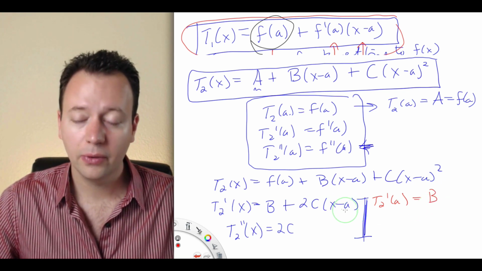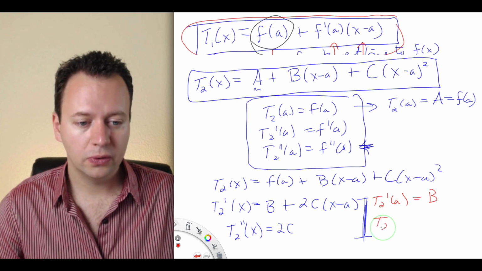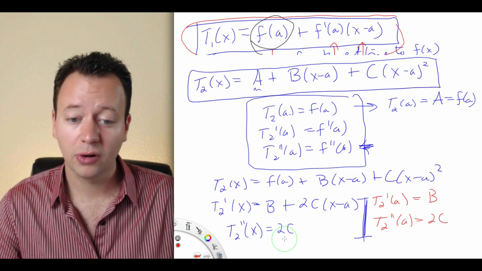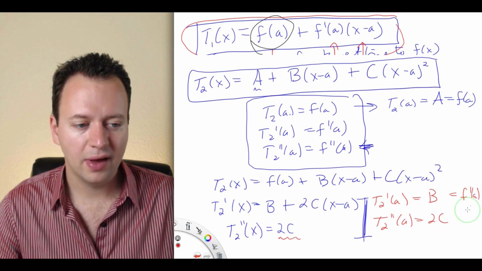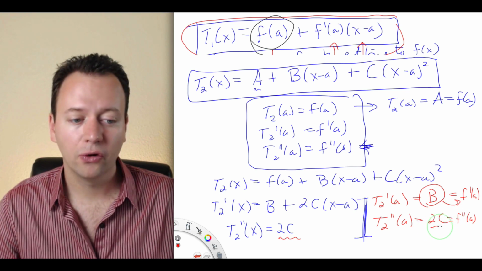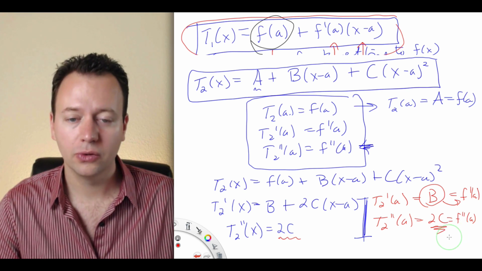And T2 double prime of A is just equal to 2c, because T2 double prime is in fact a constant. So in order to match this up with f prime of A and f double prime of A, we want to set the coefficient b to equal f prime of A, and the coefficient c has to equal f double prime of A over 2.